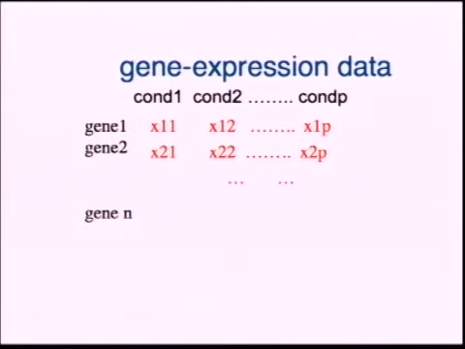Okay, so we are talking about gene expression data as a primary example here. So typically, you have many genes measured at different conditions.